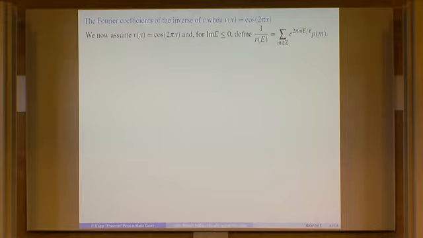What we are interested in is computing the poles of the reflection coefficient, meaning the zeros of this function. We want to compute the zeros of this Fourier series, so we try to compute the Fourier coefficients of this series.